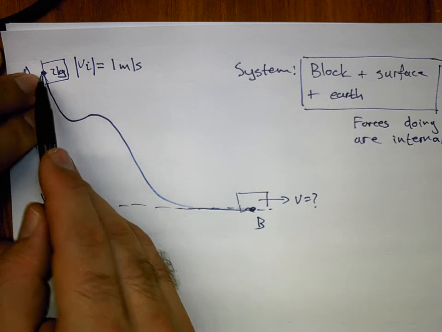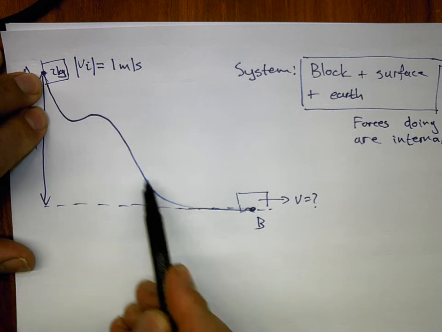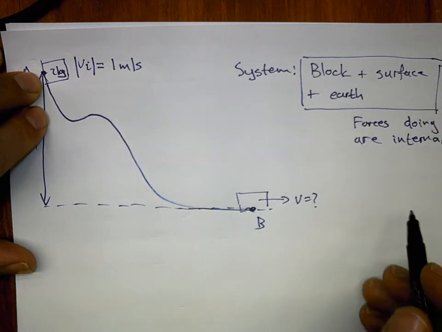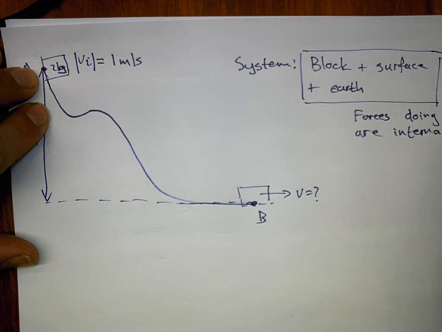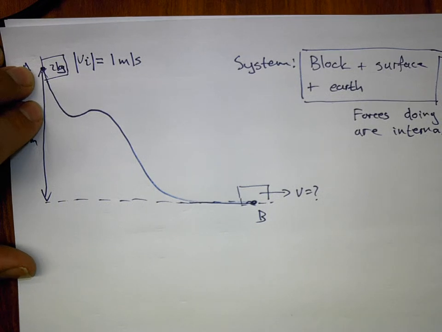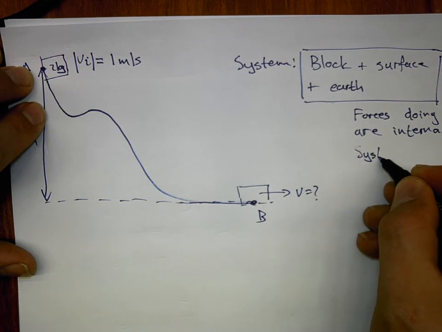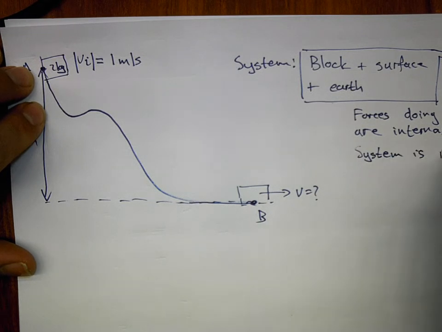The weight will have a non-zero component parallel to the surface, and that is what will be doing work throughout. But both those forces are internal, and both those forces doing work in this case are also conservative. And there are no other external forces, so our system is isolated. So there's no external force doing work.